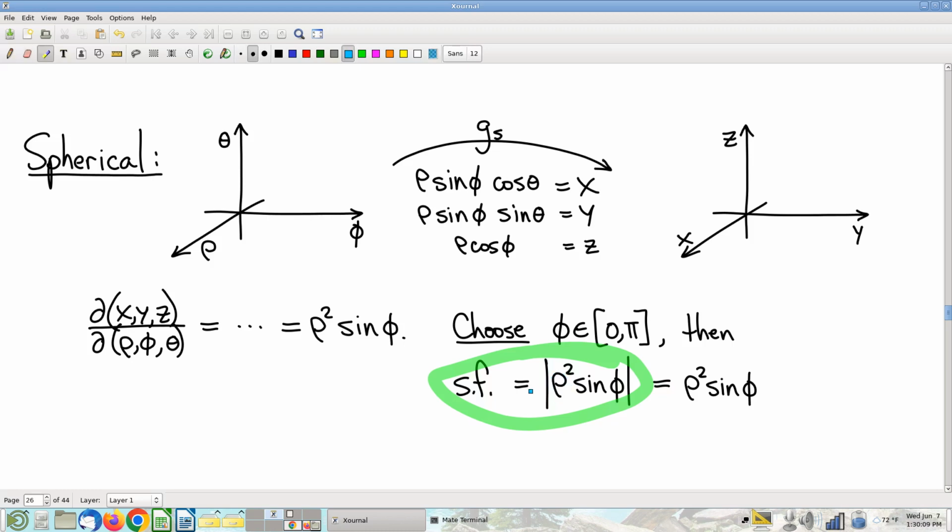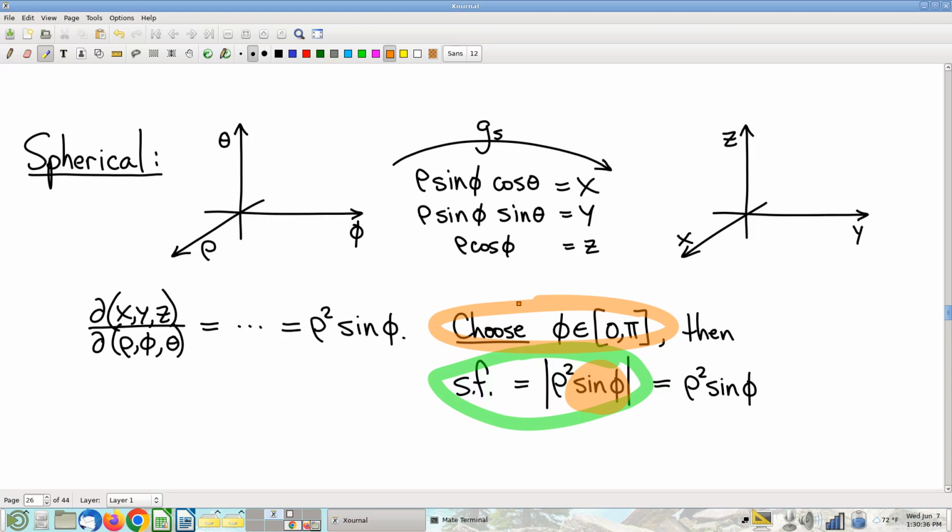The point here is we need sine phi to be positive or non-negative. So that's the thing that's going to make the absolute value go away. If I can ensure that sine phi is positive, and of course that's easily realized. Just choose phi to be between 0 and pi. That makes sense. And now I have the really good news.